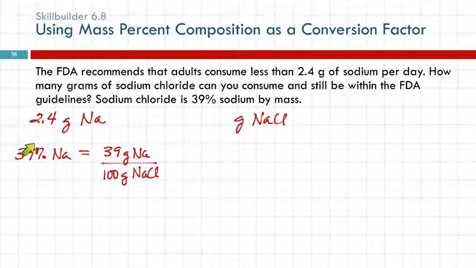I've got these two numbers. This looks like a conversion factor. This does not. This is what I want to start with. This shows me the relationship between grams of sodium and grams of compound. And so I can do this in one step. Whereas without it, it took 3 steps.